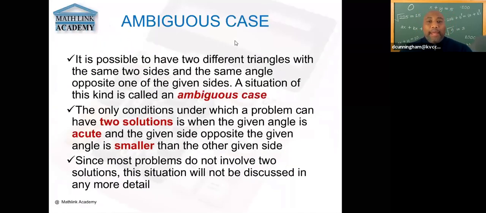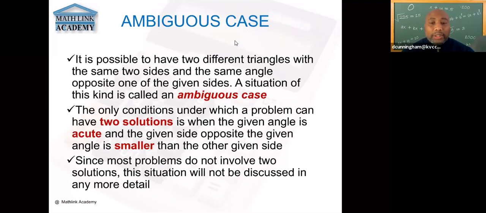Now let's look at an ambiguous case when using the law of sines. It is possible to have two different triangles with the same two sides and the same angle opposite one of the given sides. A situation of this kind is called an ambiguous case.